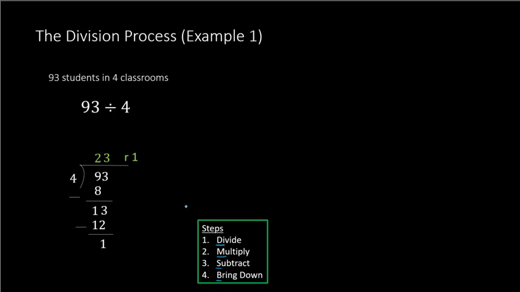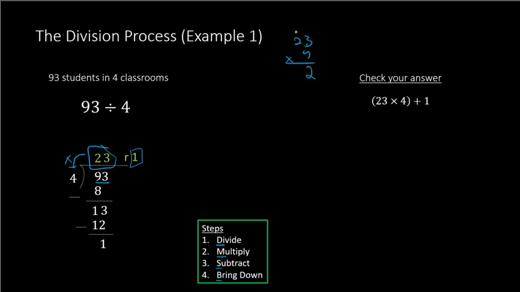And then if you wanted to, we can check our answer, where we take this 23, multiply it by the 4, and then add the remainder. So 23 times 4 plus the remainder of 1 should give you back the number 93. 4 times 3 is 12, so we take the 2, carry the 1. 4 times 2 plus 1 is 9.